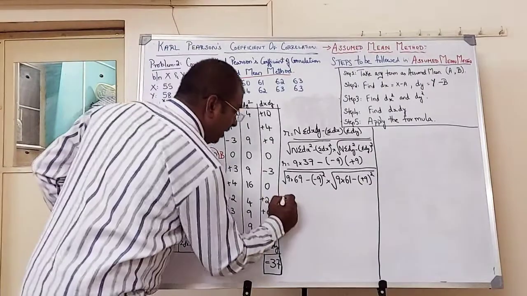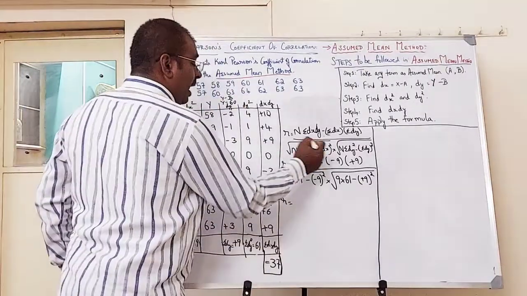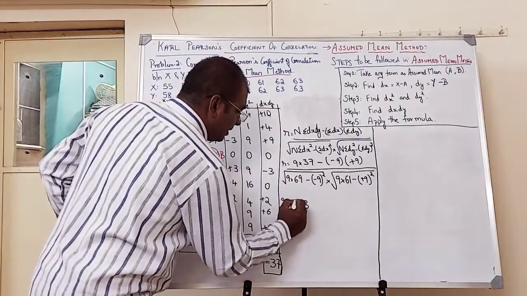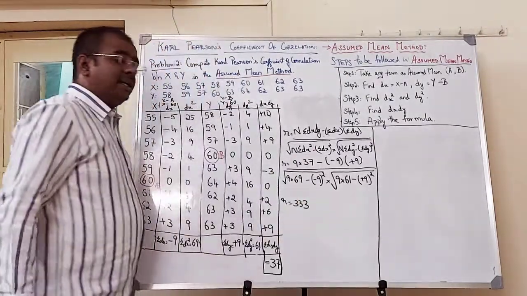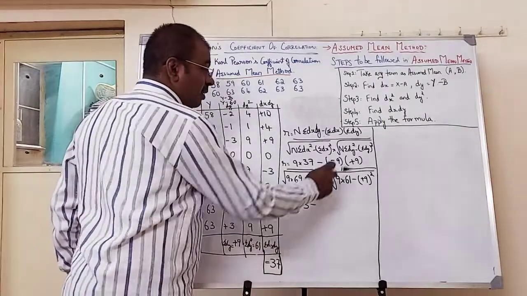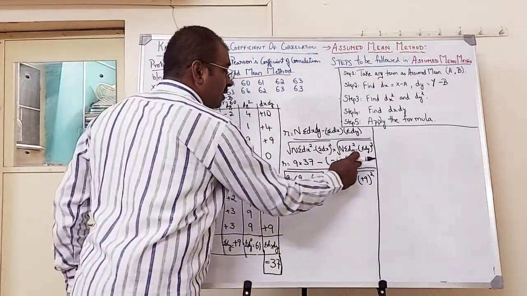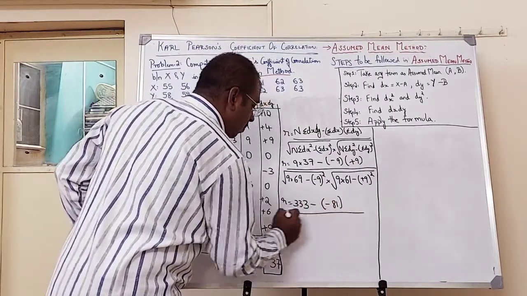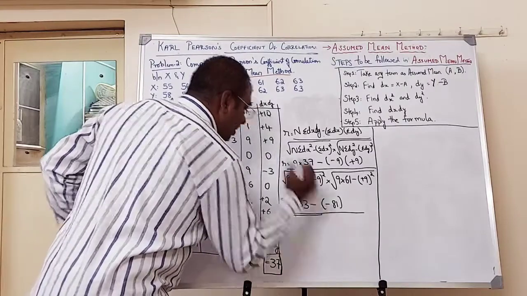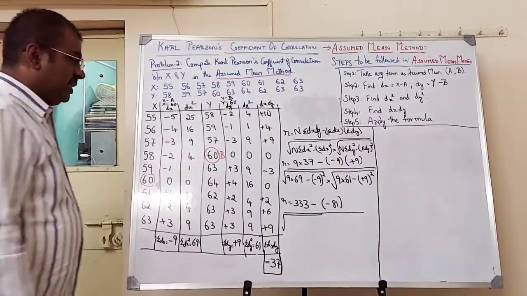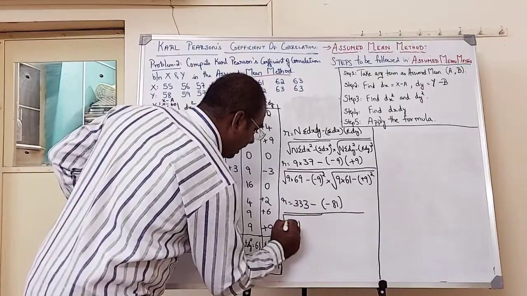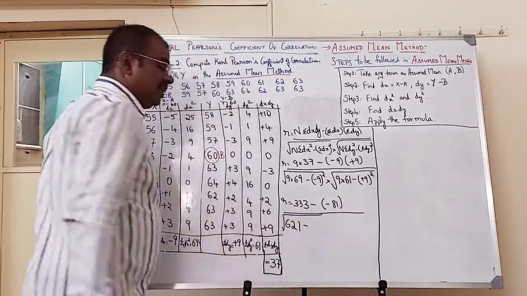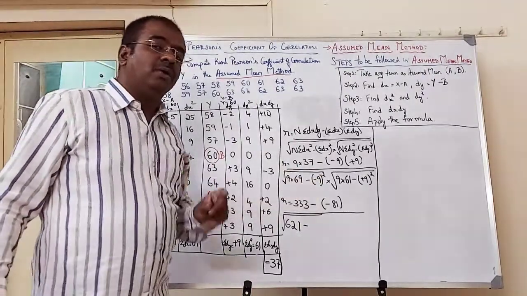Let us further simplify. R is equal to 9 into 37, 9 7s are 63, so 333, minus 9 into plus 9. Minus into plus is minus, 9 nines are 81, divided by square root of 9 into 69, 9 nines are 81, 8, 54 plus 8, 62, so 621, minus minus 9 the whole square.